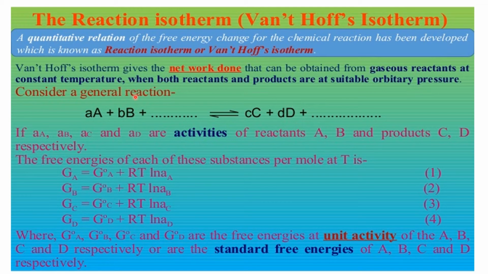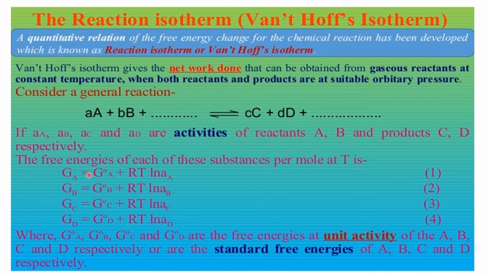For this particular reaction, which is at equilibrium, let aA, aB, aC and aD be the chemical activities of the reactants A, B, C and D respectively. So this aA is the activity.